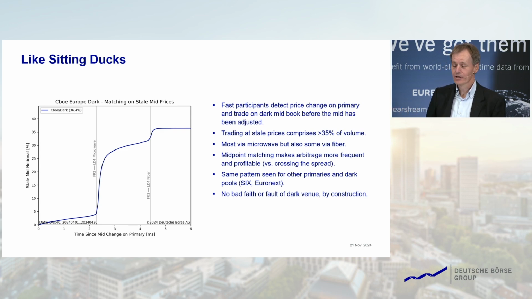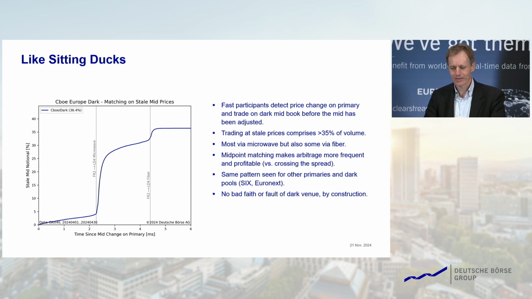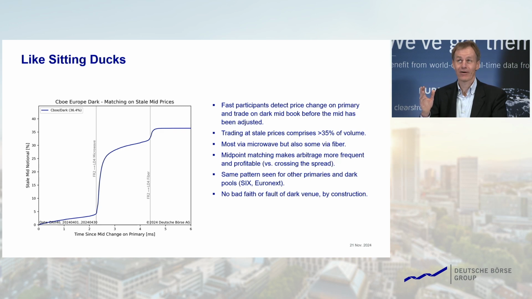And you see here suddenly at the 2.2 millis, the microwave latency, there's a sudden rush of trading activity on the dark pool. And then there's a little smaller leftover bit at the optical fiber latency. This is because even if you have a faster fiber, there's still a slight chance that you beat the mid peg.